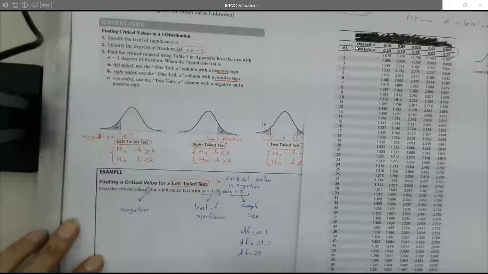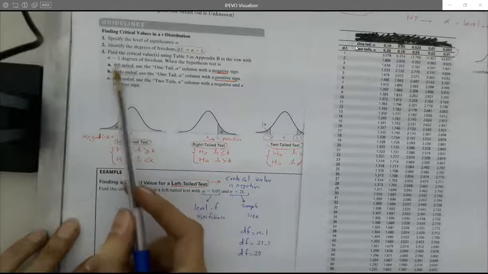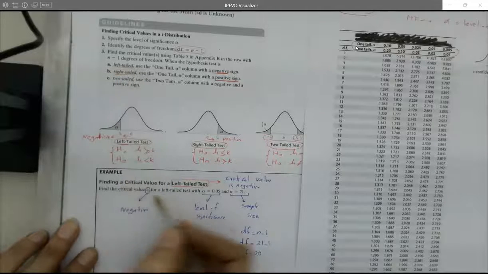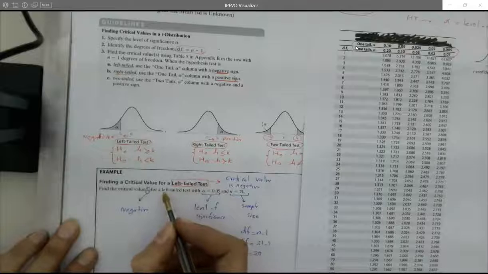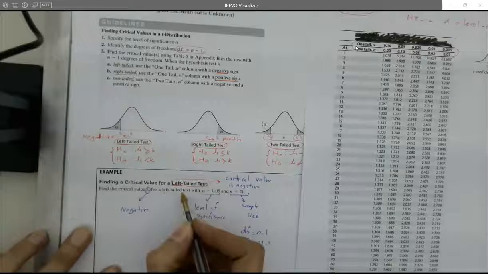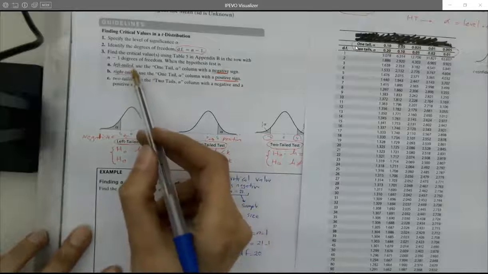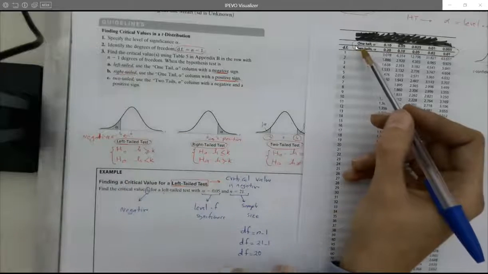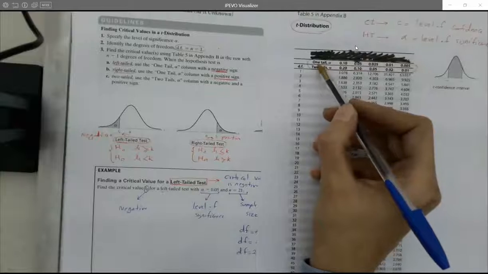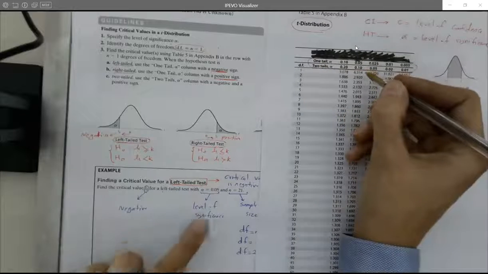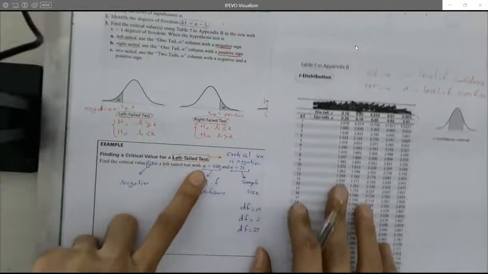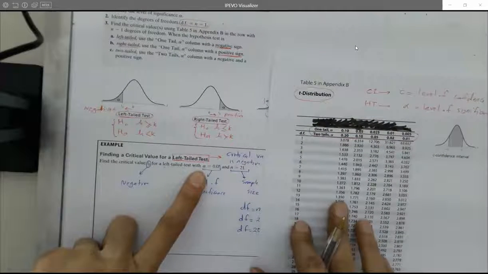And I know that I have a left-tailed test. This is given in the question to me. Very well. It's left-tailed, so I need to use one tail alpha, and that is 5%, right here.